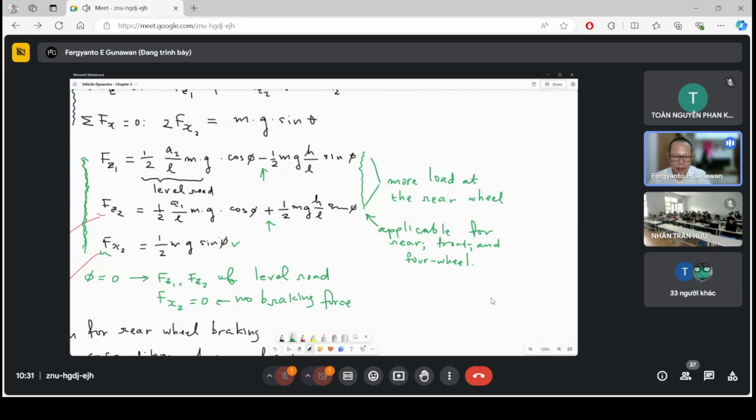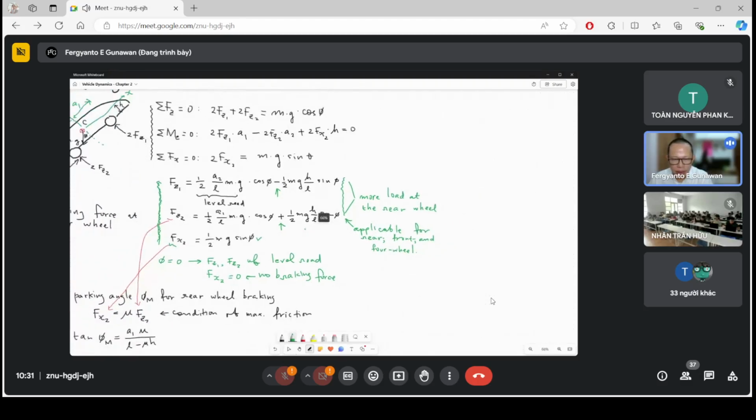For the front wheel, it will be slightly different.